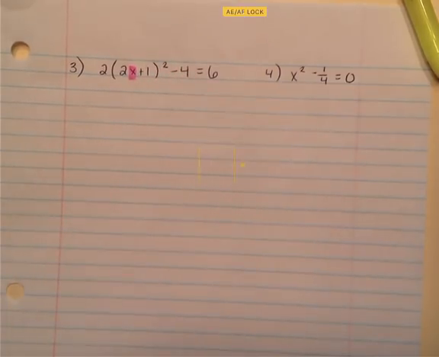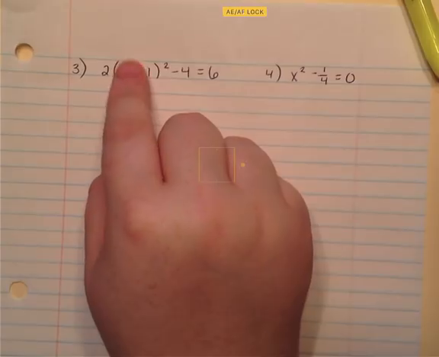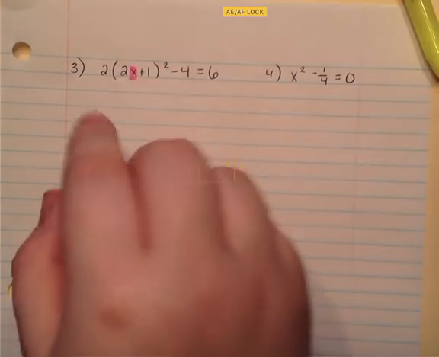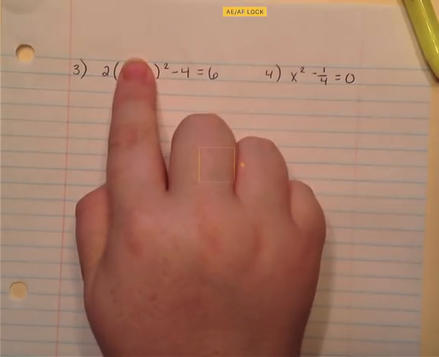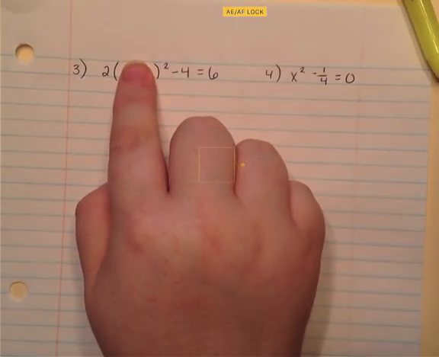And again, it does not need to be in standard form. It does not have to be equal to 0 for us to do this problem. Now, the 2 attached to the x and the 1, we cannot touch until we get inside the parentheses. So everything in here is going to stay the same because we have to undo the square before we can get inside of the parentheses.